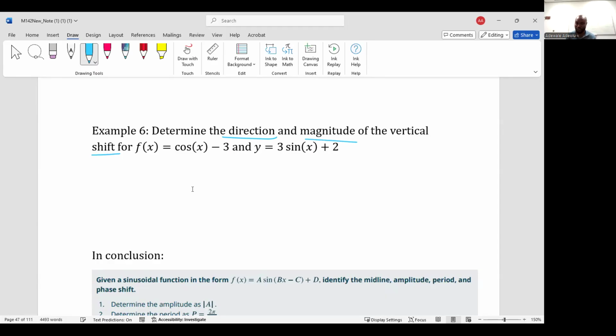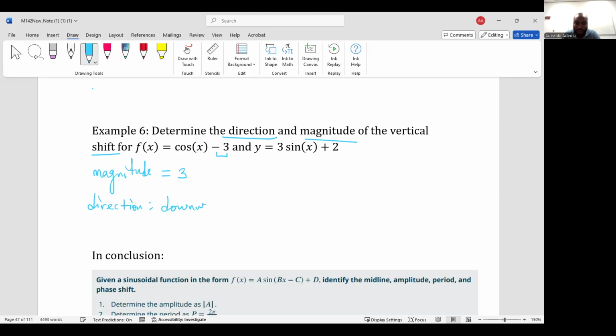Now, vertical shift. Again, we are talking about that d part. So, the magnitude in this case is 3. Direction is downward.